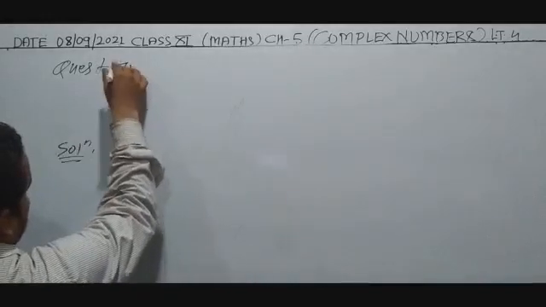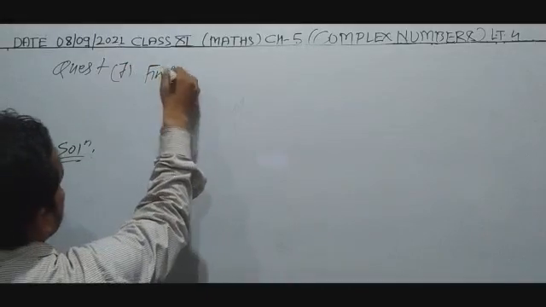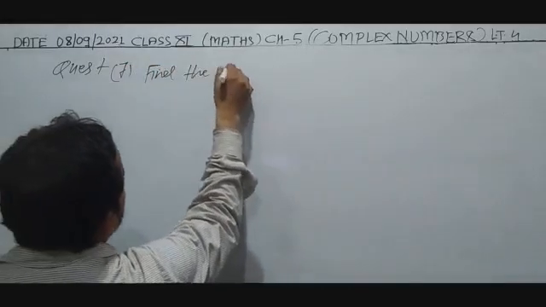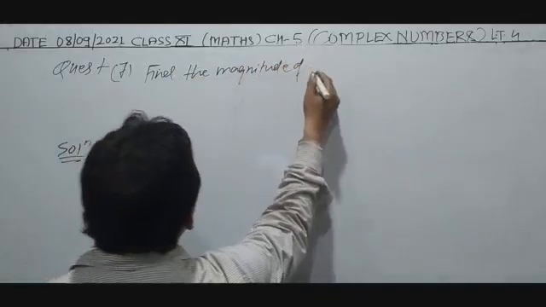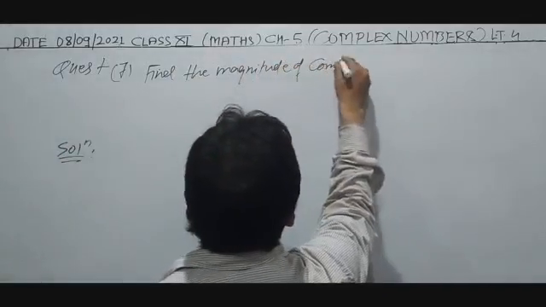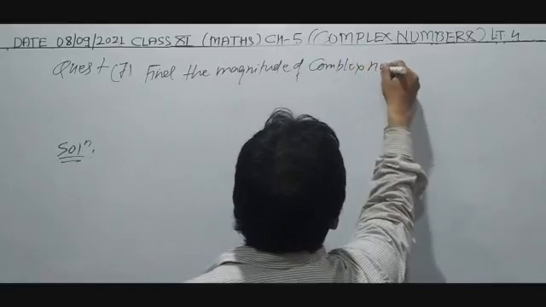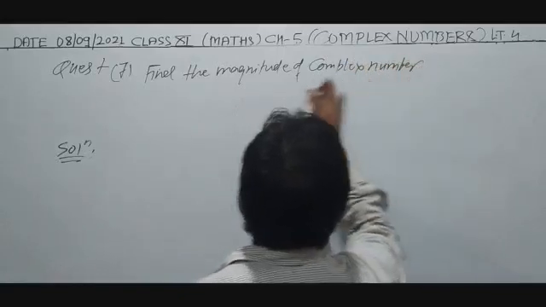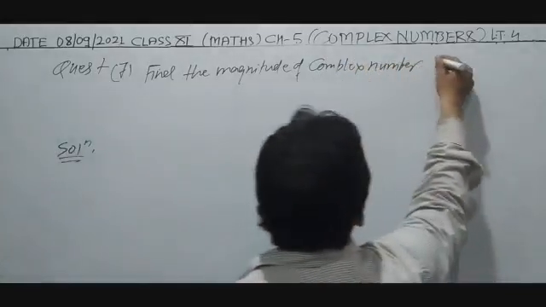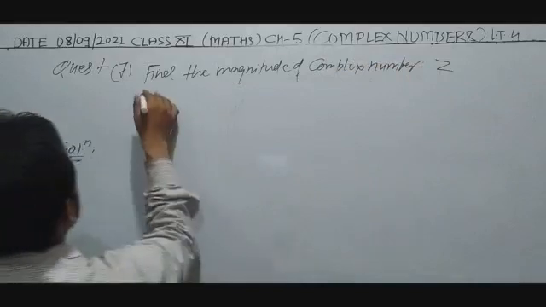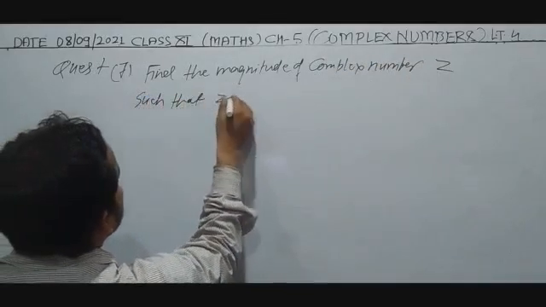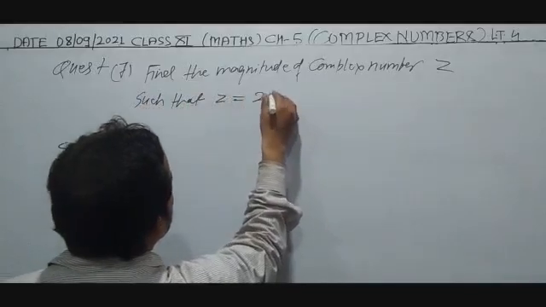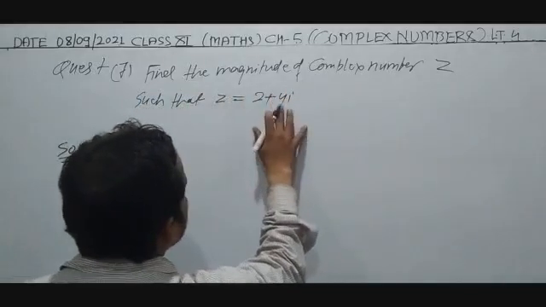Question number 7. Find the magnitude of the complex number z such that z is equal to 2 plus 4i.